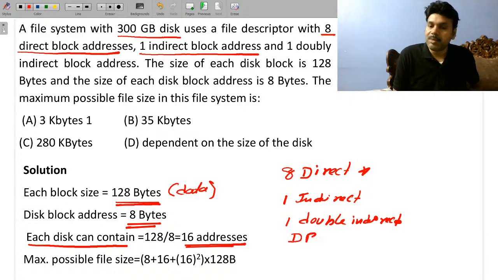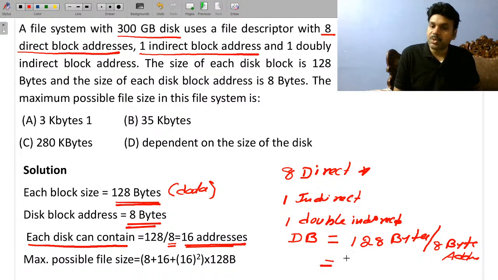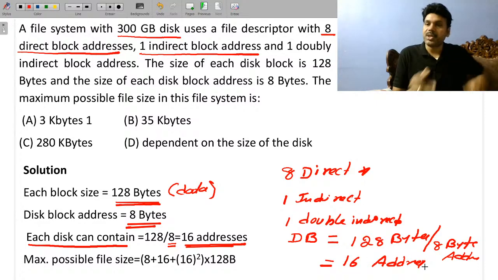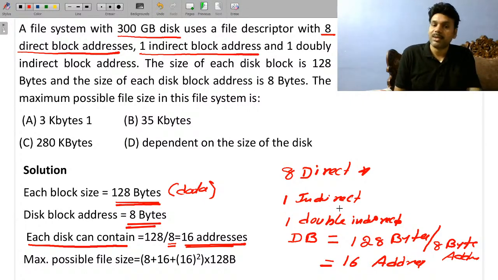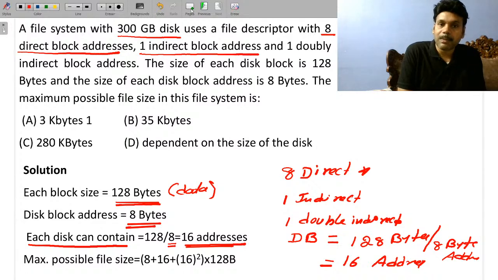In a particular disk block, I can store 128 bytes divided by the address size. What is your address size? 8 byte address size. So you are going to store 16 address locations. That means you can refer to 16 blocks. He is asking what is the maximum possible file size in this. So friends, observe this.